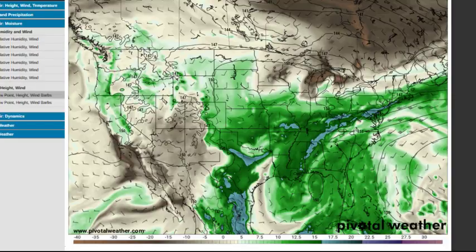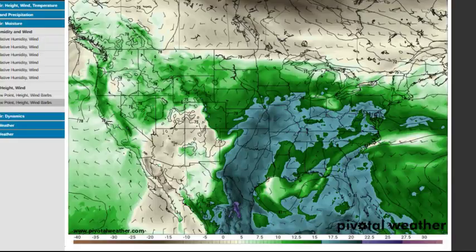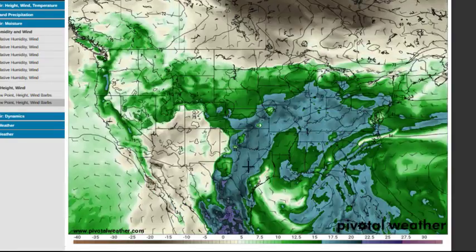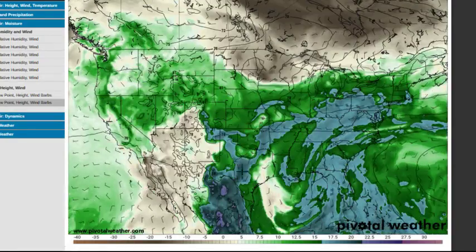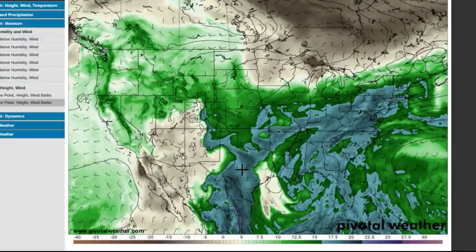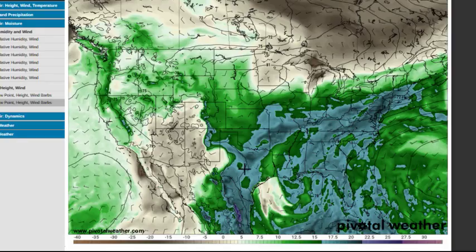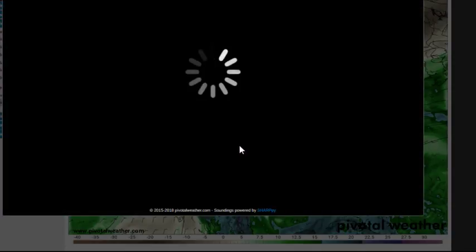And we can also look at the 925 millibar dew point. This is up at about 3,000 feet. And it gives kind of a similar presentation there. So by 21Z, we can see that the best moisture is right in there. And this is good because we can actually pick out the moisture axis and look at that on the forecast sounding.